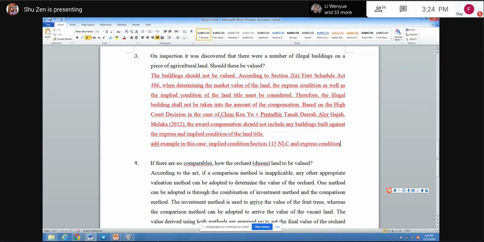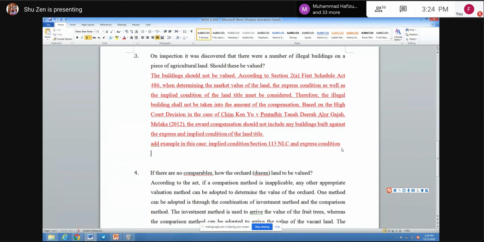You mean according to this case? Yeah, let's say illegal building here. They mention illegal building in this question, but they did not give examples of what type of illegal. Let's say you found that the illegal building is a factory, a timber factory, for example a sawmill.